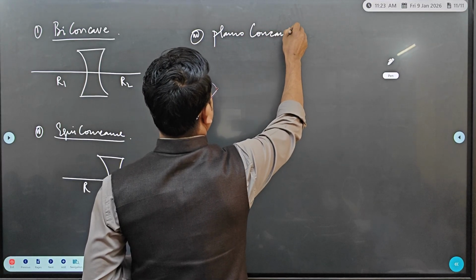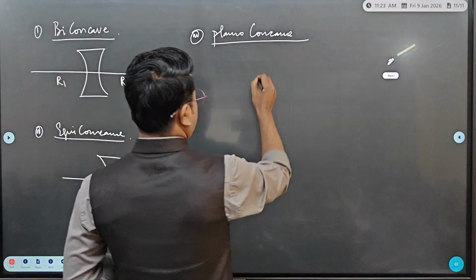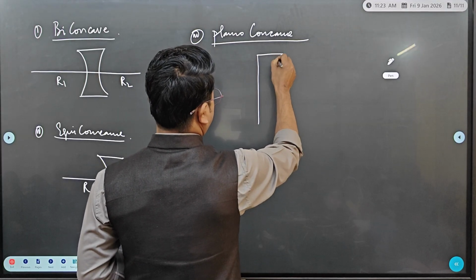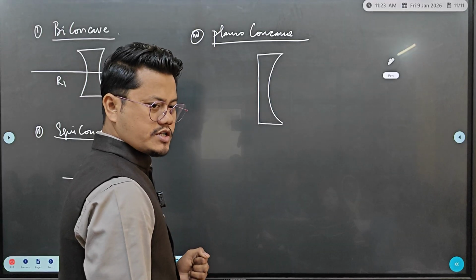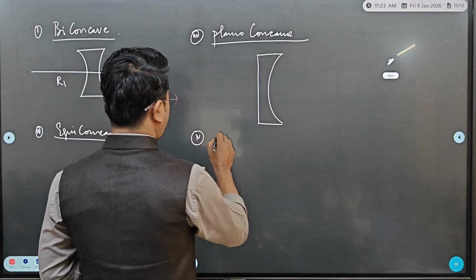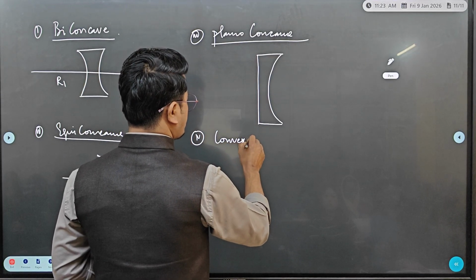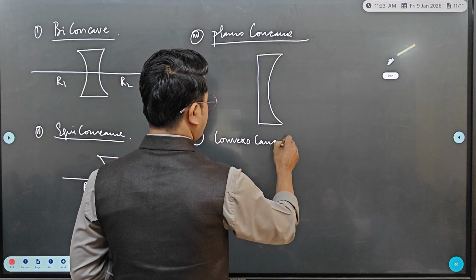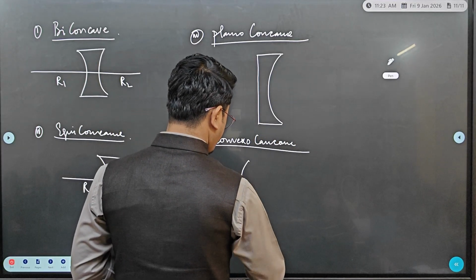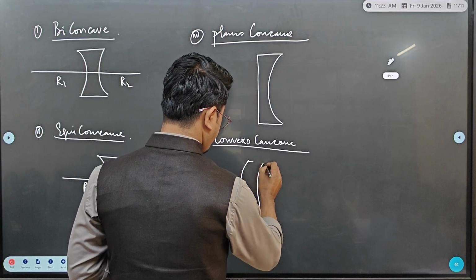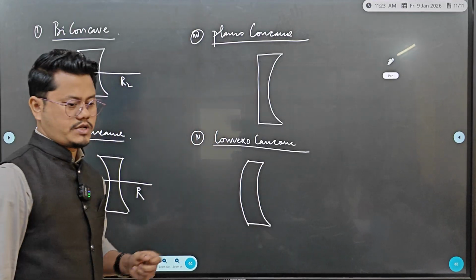Plano-concave. One side should be plane and the other side should have a concave structure. This is plano-concave. Correct? And the last one, number 4, is your convexo-concave. Here you'll be able to see a structure like this.